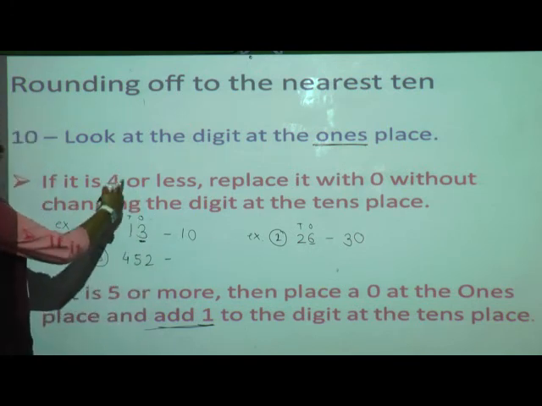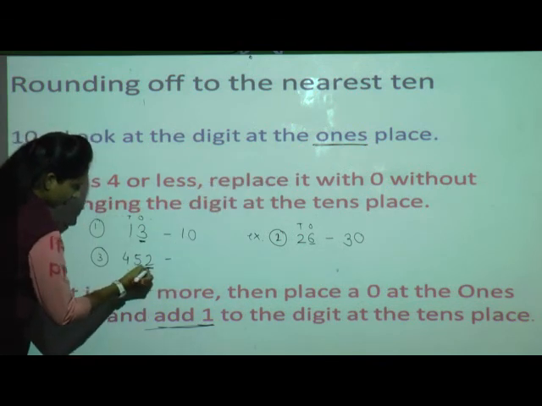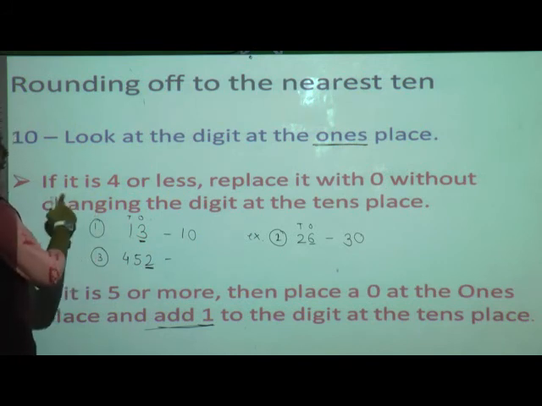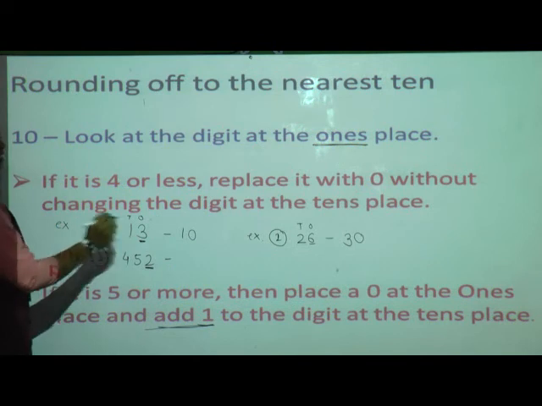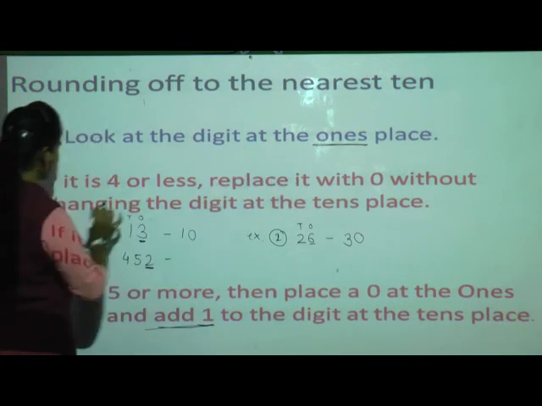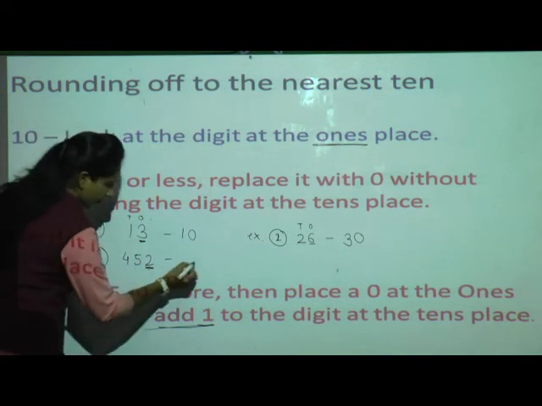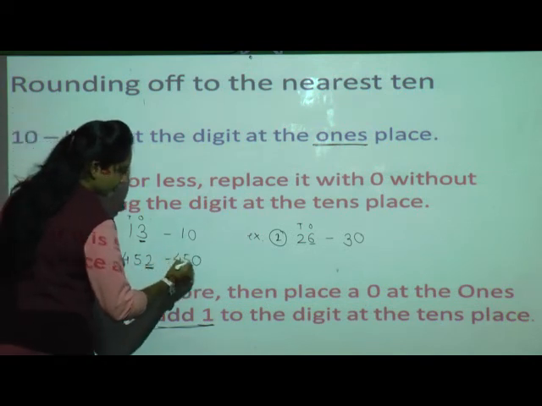So whenever it is the nearest 10, look at the digit at the ones place. What is in the ones place? 2 is there. Then what to do? If it is 4 or less, of course it is less than 4, then just replace it with 0 without changing the digit at the tens place. Replace that number with 0 and write the remaining number as it is.